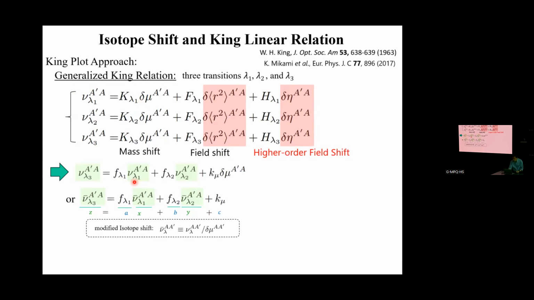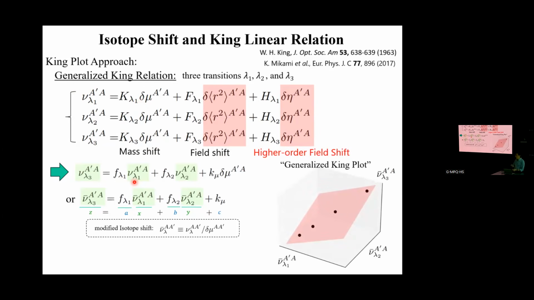If we plot the isotope shift data in 3 dimensions corresponding to the isotope shift for 3 different optical transitions, then all isotope shift data should be aligned in a plane like this.